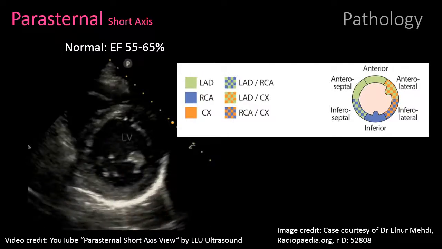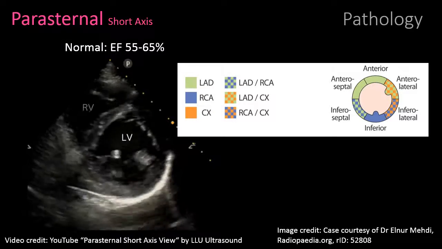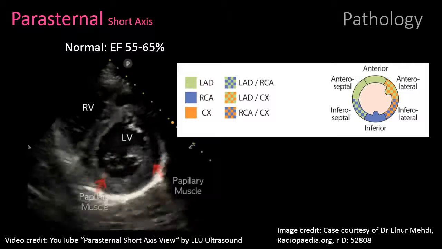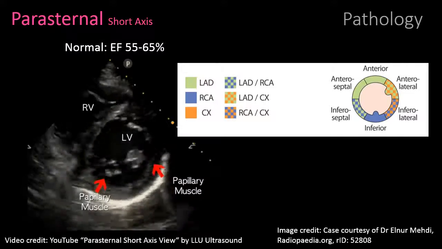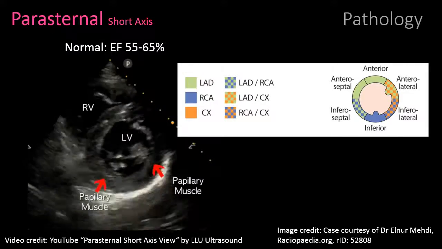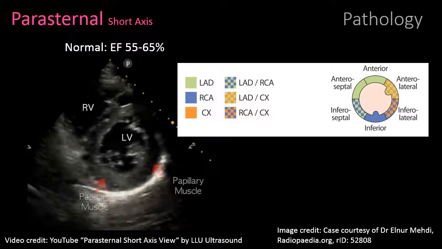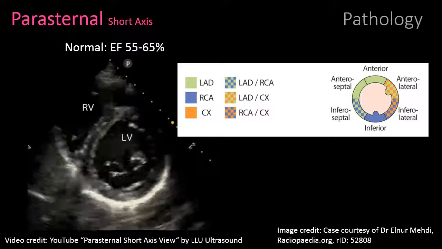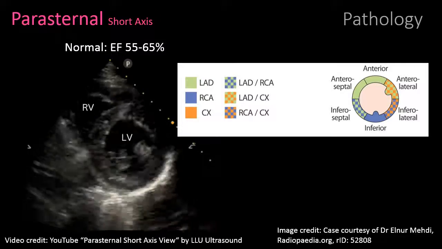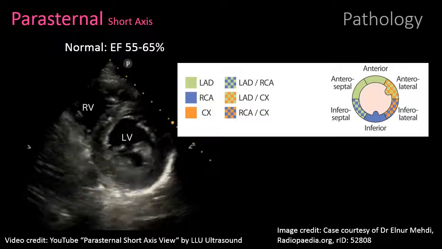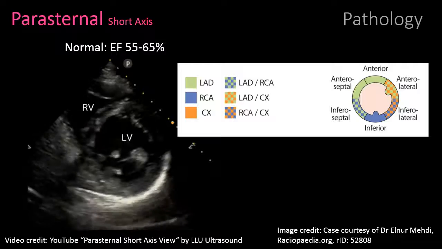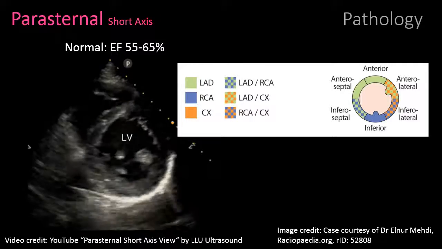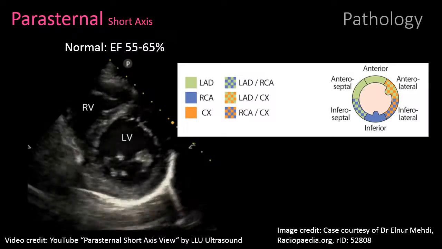And we can locate where we are on the donut using the papillary muscles, which are being pointed out now. So you can see where those papillary muscles are, and then you can orient where am I in the donut, and then if you see some wall motion abnormality or deficit in a certain part of that wall, then you can begin to suspect that you have some ischemia coming from the coronary artery that feeds that particular part of the wall.